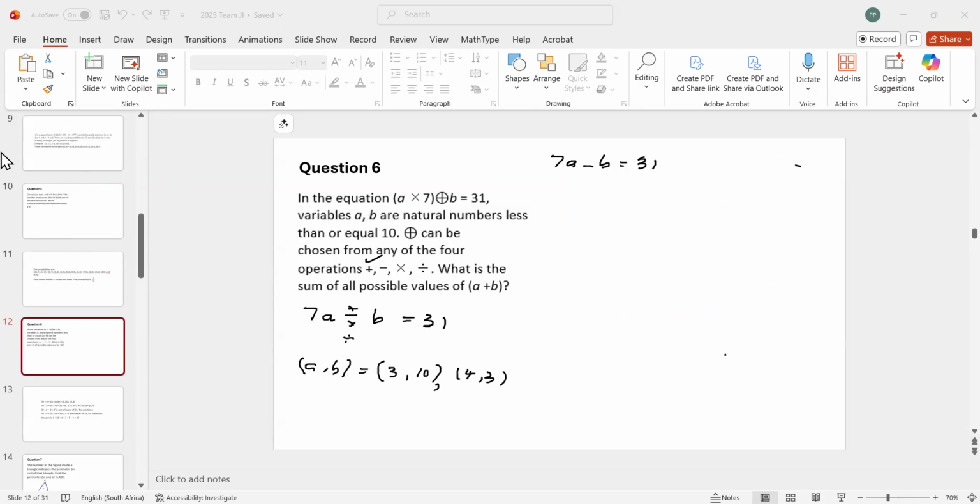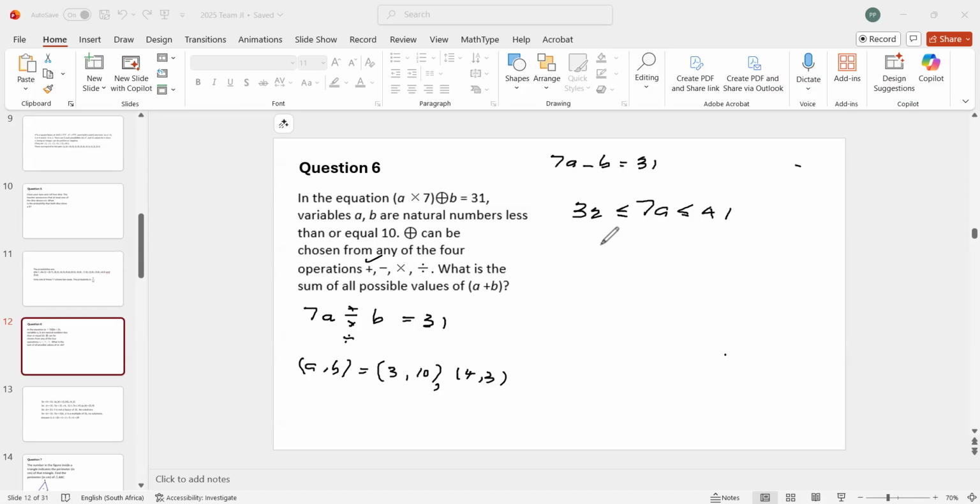So you've got 7A is equal to B plus 31, and B plus 31, the lowest value it can have is 32, and the highest value it can have is 31 plus 10. And what are the multiples of 7 between 32 and 41?